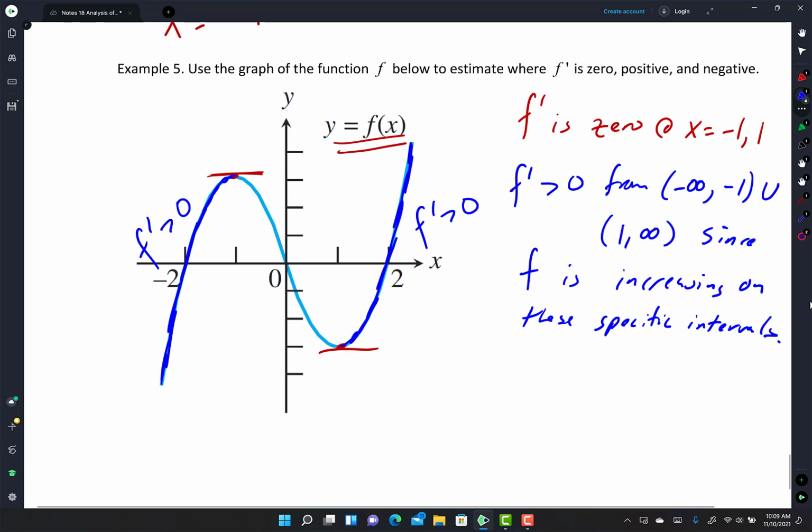Now be very careful. If you say the slope is increasing, listen to what you're saying: what you really are saying is that F prime is increasing. We haven't talked about the second derivative yet, but notice that I'm changing from positive to negative.